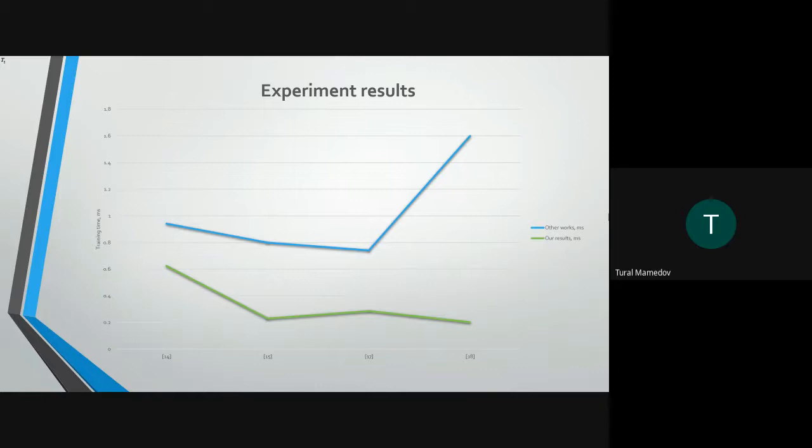In the vertical dimension, you can see the training time. In the horizontal is the works. And you can see this is not really the works, but the parameters which were used in the works.